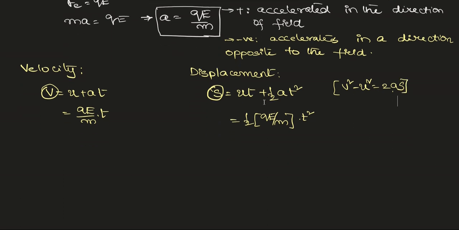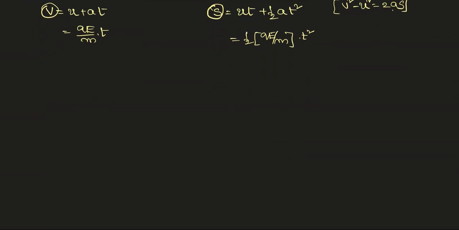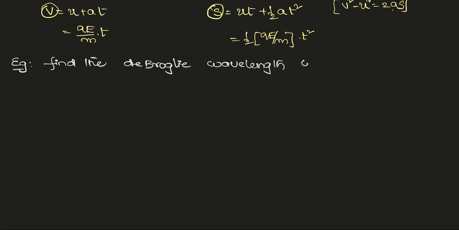So here you can expect some questions like this. One simple example I'll give you: find the de Broglie wavelength of the charged particle after a certain instant of time.